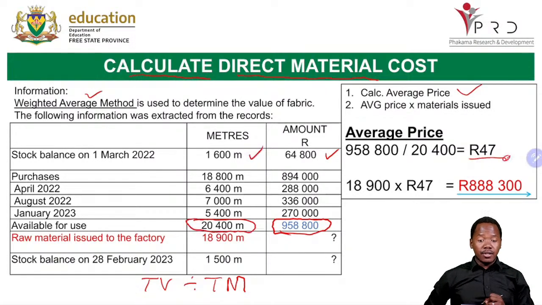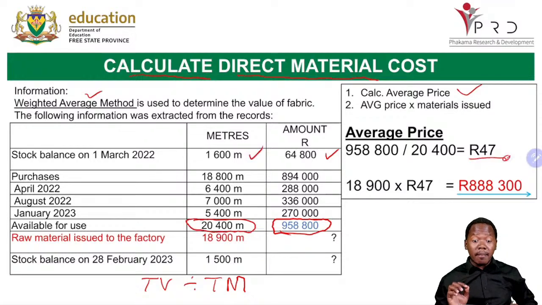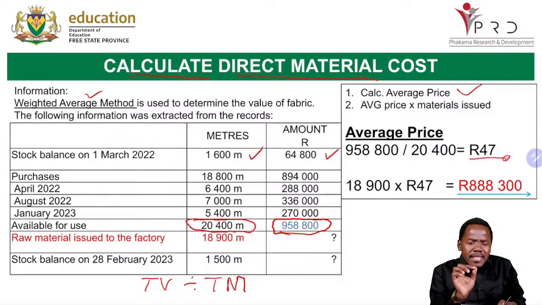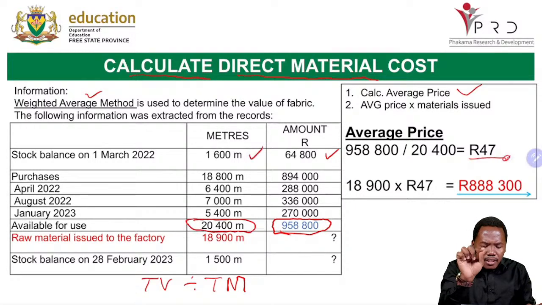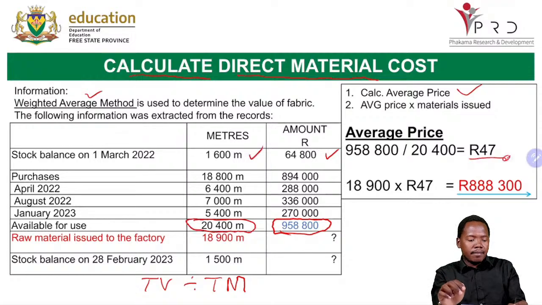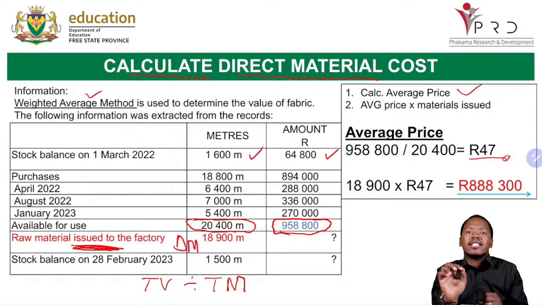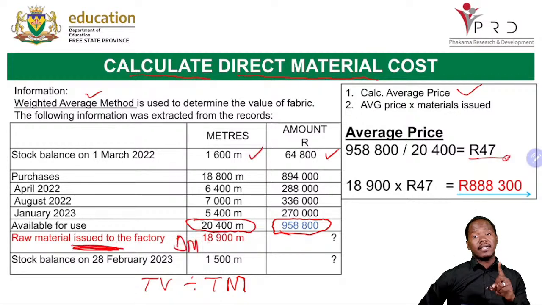Now, what do I do now? Because I want direct material. Remember, what is the definition of direct material? Direct material is the material issued to production. So when we say raw material issued to production, we mean what? Direct material. Remember that definition?